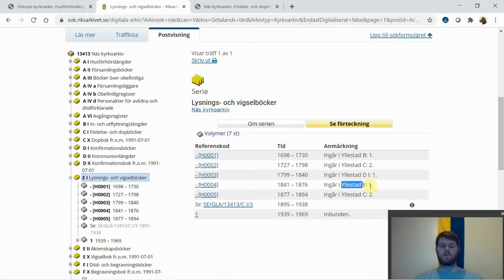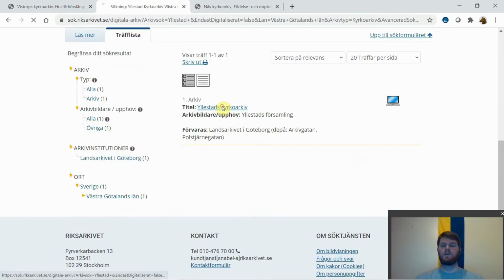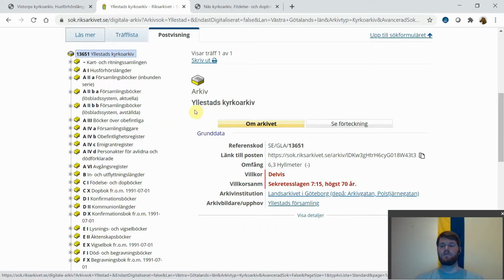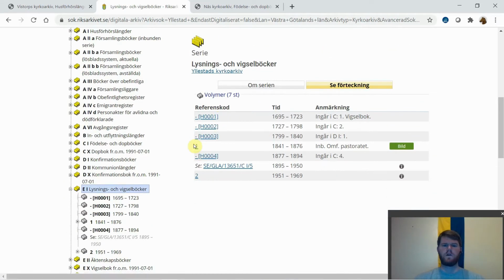So I'll just copy this right here. I'll have to remember E1. So we'll come back up to here. We'll search for it and pull up the correct parish for the book that we're trying to find. And here's E1, and we open it up.